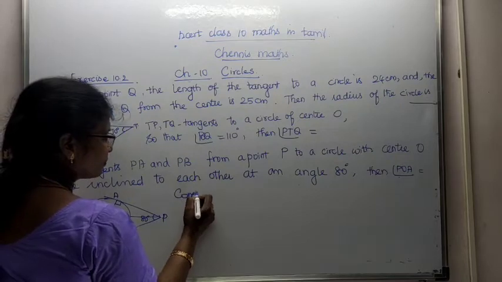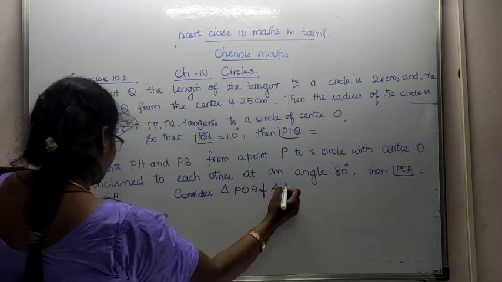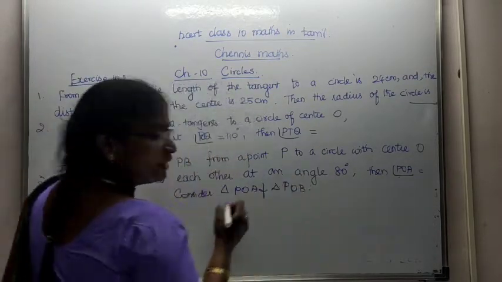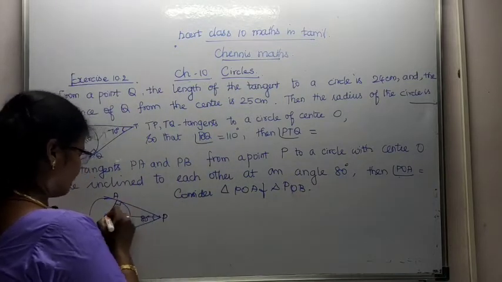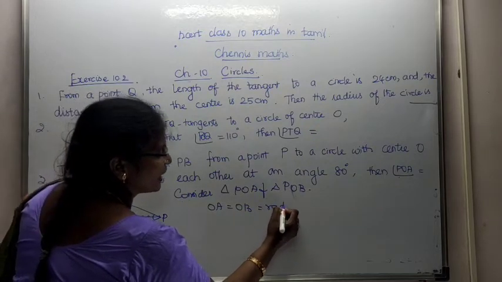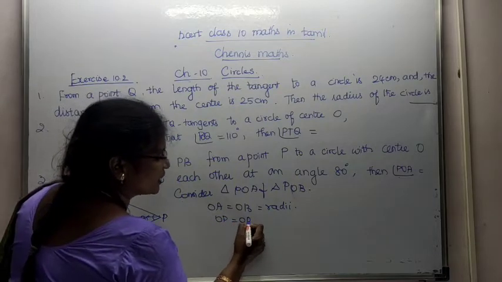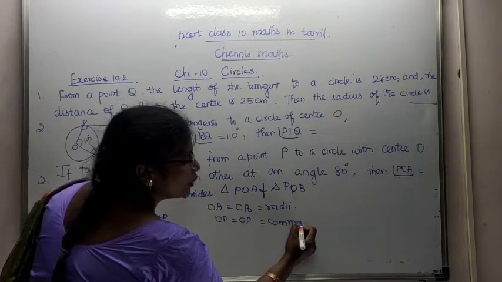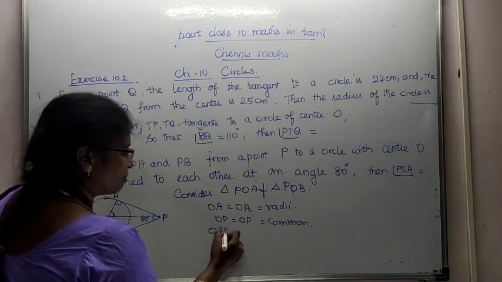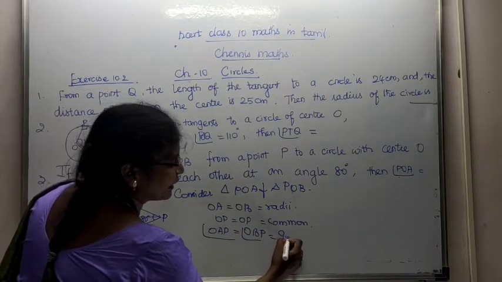Consider triangle POA and triangle POB. See carefully, dears, OA is equal to OB is equal to radii. Next, OP is common to both the triangles. And also angle OAP is equal to angle OBP is equal to 90 degrees.